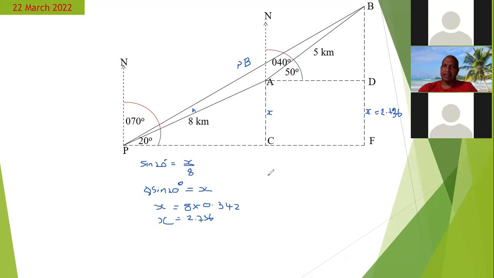All right, go ahead then. So let's give BD a label. Let's call that Y. So we can use the sine ratio, what angle? Sine of 50 degrees, sine of angle A, sir.